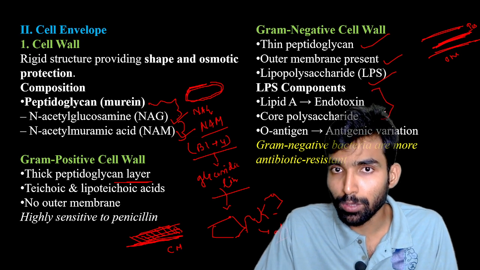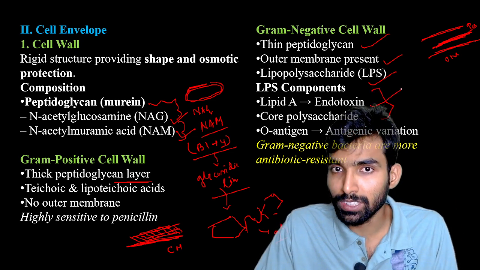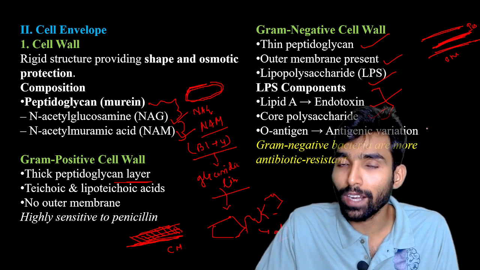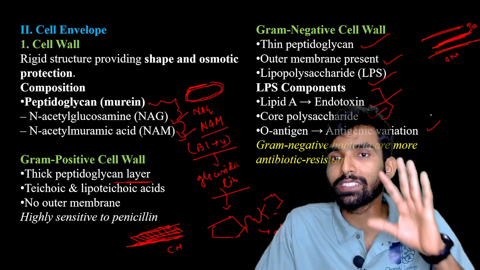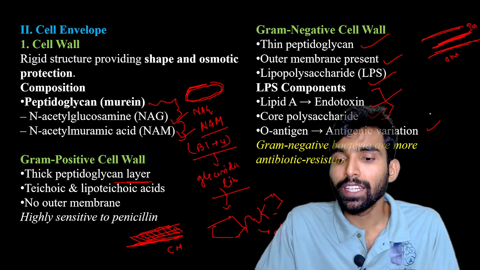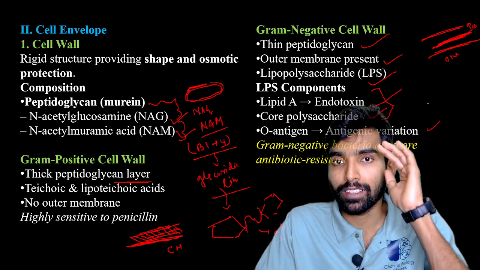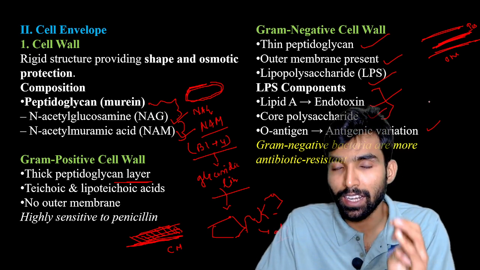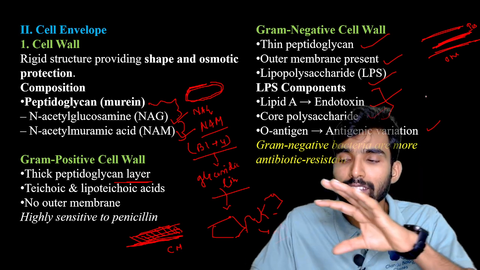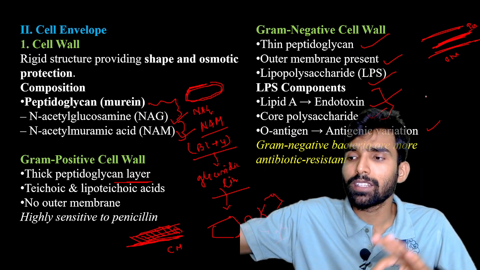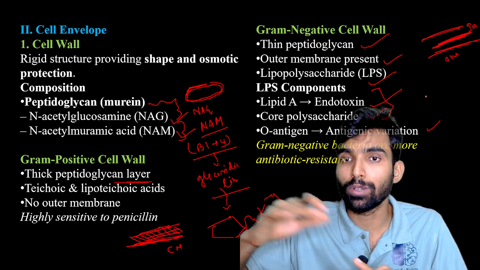LPS has three components: lipid A, that's the endotoxin, core polysaccharide, and O antigen. The O antigen has some carbohydrate moiety, and there is antigenic variation in the O antigen that creates variation among bacteria, across different pathogenic or virulent strains.